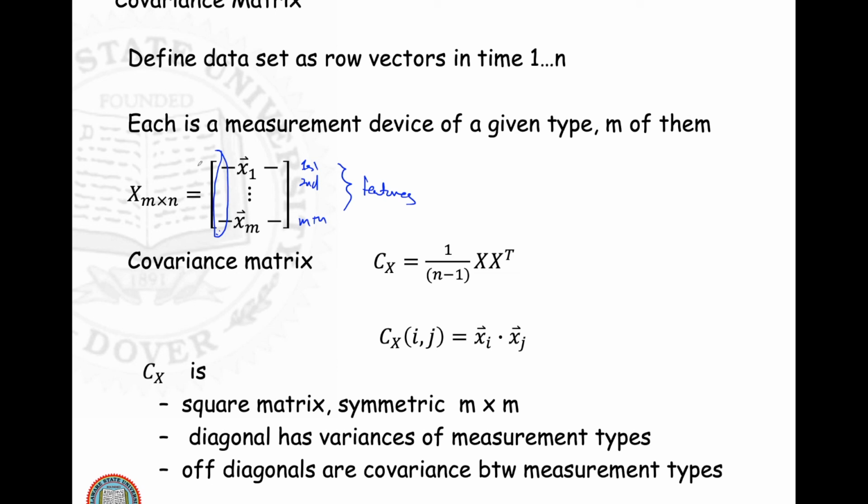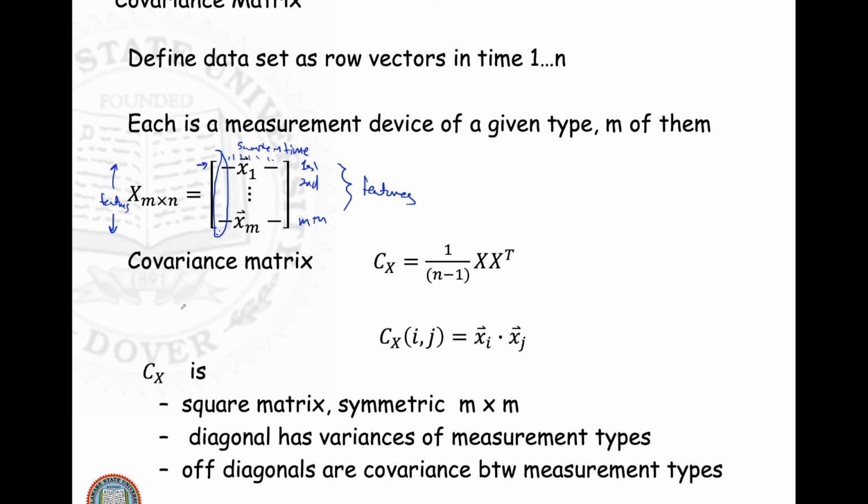But we're going to take a single feature, and each row here represents a single feature, where the column is the sample in time. So here, the rows, these are the features, and I'm calling the features a measurement type. So in this particular case, if we take n samples over time for m measurement types or features, this is going to be an m by n design matrix. But remember, it's a little different from the data set. Here, we're talking about features along the rows, not samples, not feature vectors.